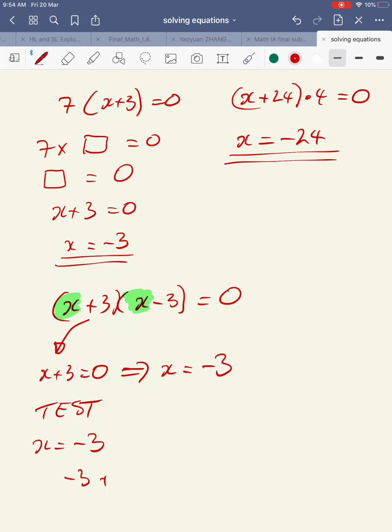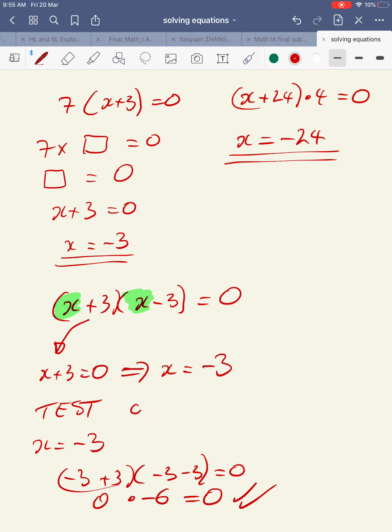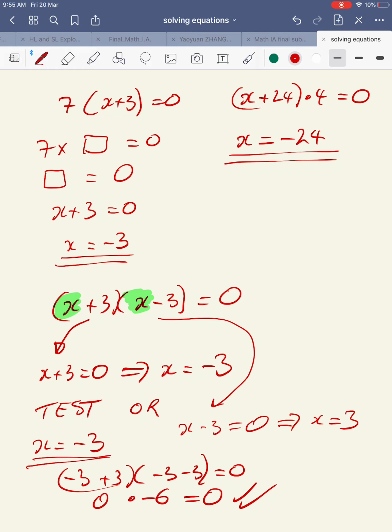So negative 3 plus 3 times negative 3 minus 3 equals 0. 0 times negative 6 equals 0. That works. But we could also make this bracket, x minus 3, equal to 0, in which case x equals 3. So we seem to have two solutions, x equals negative 3 or x equals positive 3.